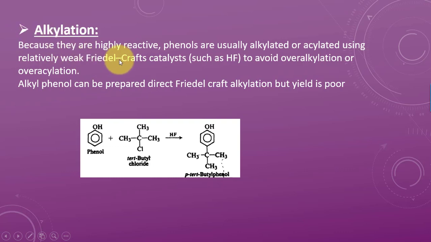Alkylation. Because they are highly reactive, phenols are usually alkylated or acylated using a relatively weak Friedel-Crafts catalyst. To avoid over-alkylation or over-acylation, since phenol is quite reactive and its ortho and para hydrogens get readily replaced with alkyl groups, we use a weak Lewis acid and react the alkylating agent with the phenol.